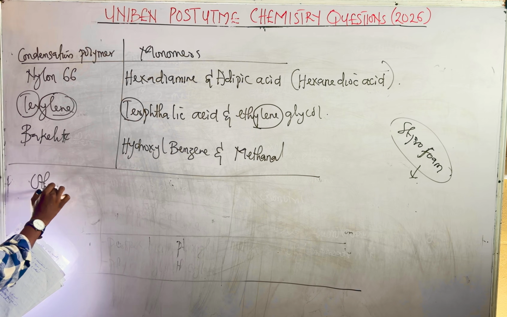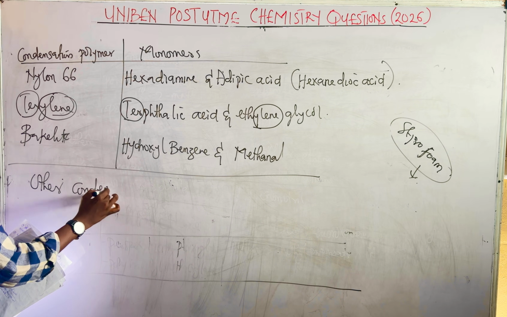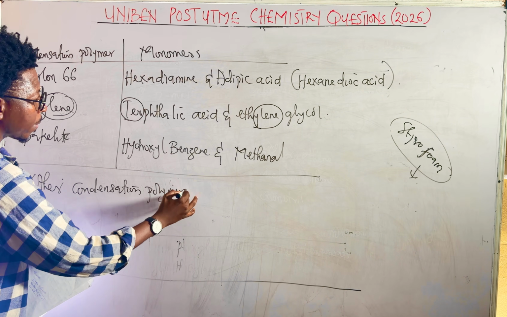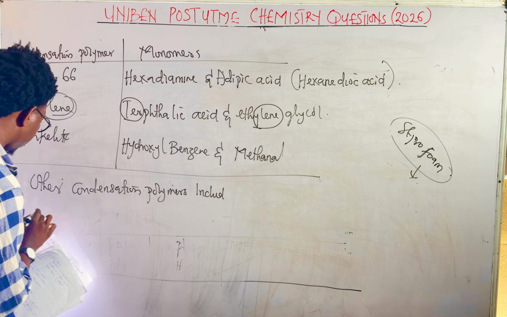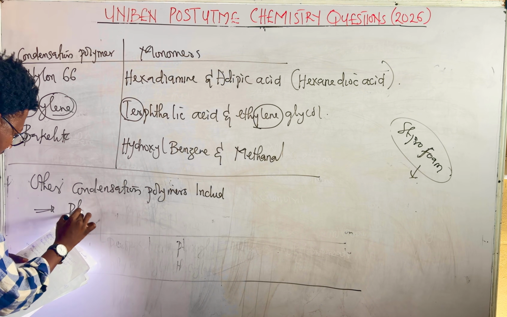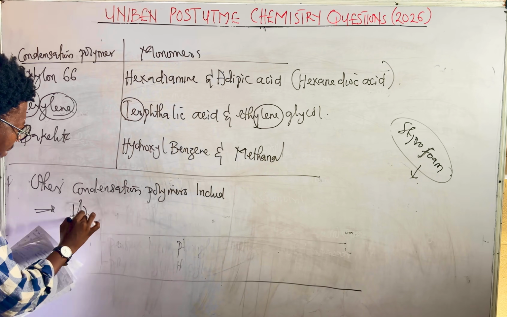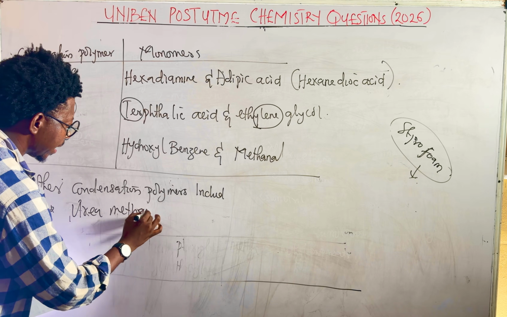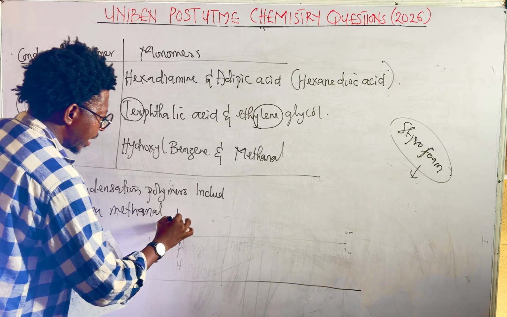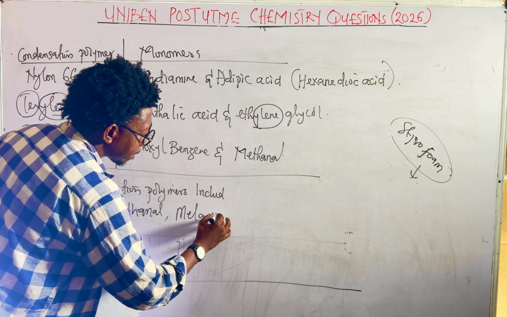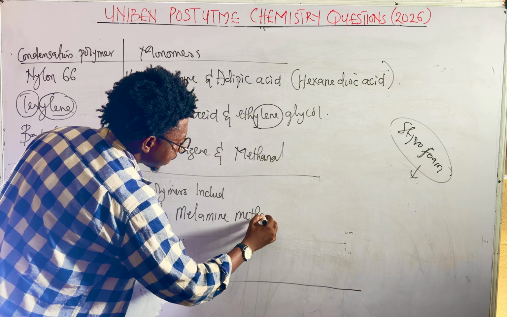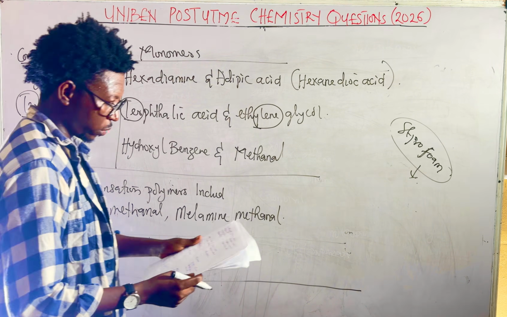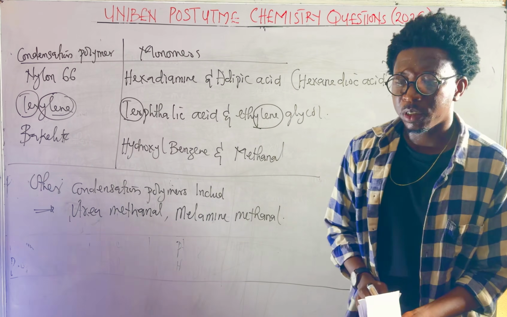However, other condensation polymers include, take note of this, urea methanal, melamine methanal. So take note of all this. Okay.